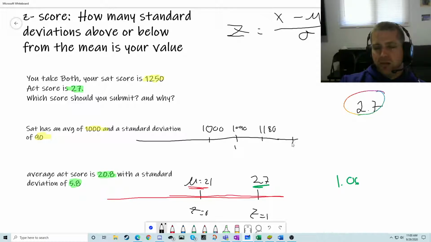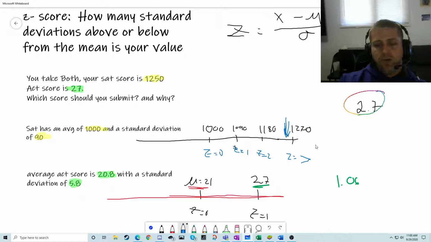The 3 up is 1270, so you're not quite there. So you're sitting like here with your 1250. That's z equals 0, z equals 1, z equals 2, z equals 3. So you're almost 3 whole standard deviations higher than average. That's just more impressive than this one.